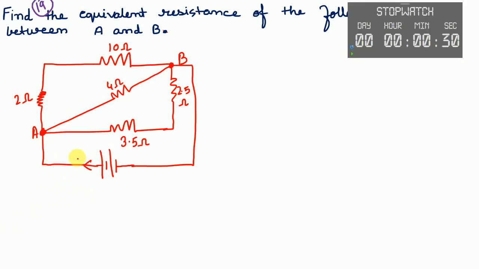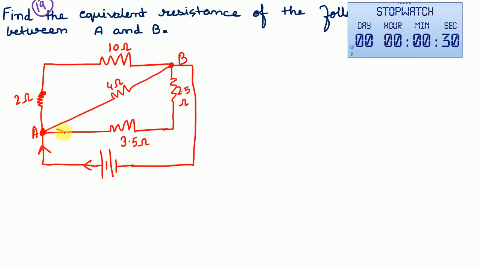If the current starts flowing from here, it will go here and it will be distributed, right? So because it will be distributed, let me change the color of the pen.